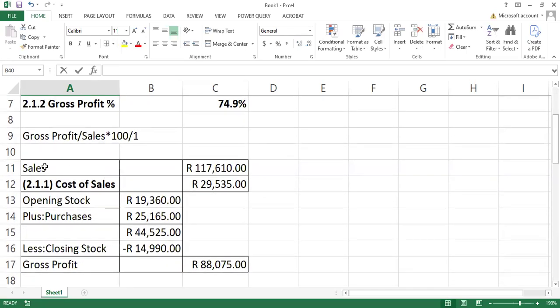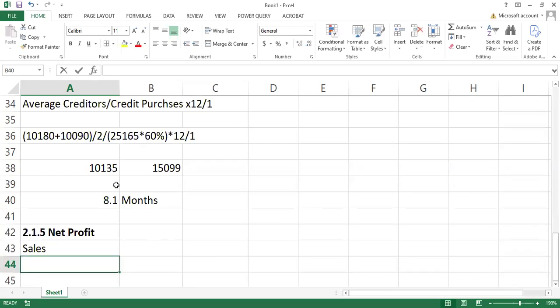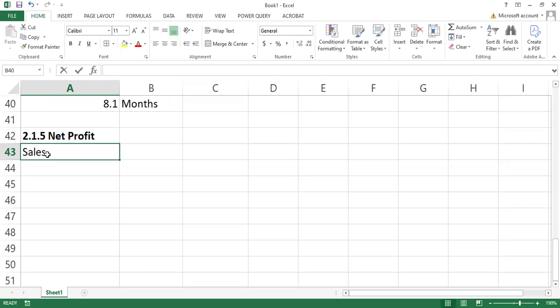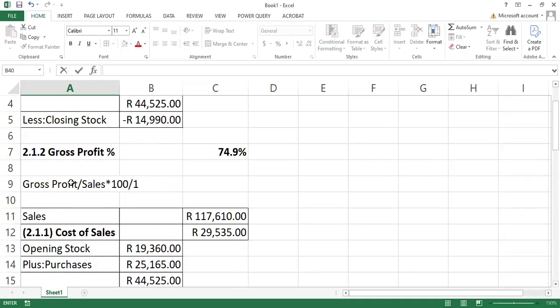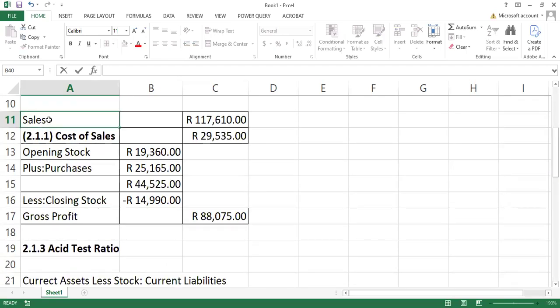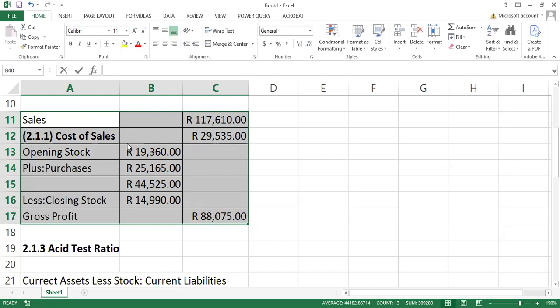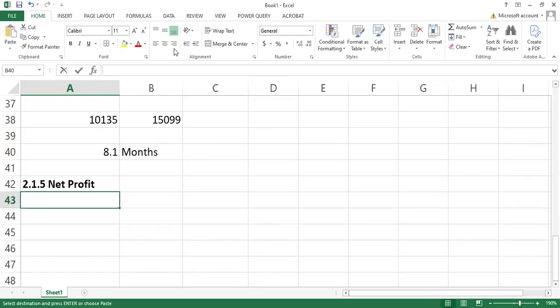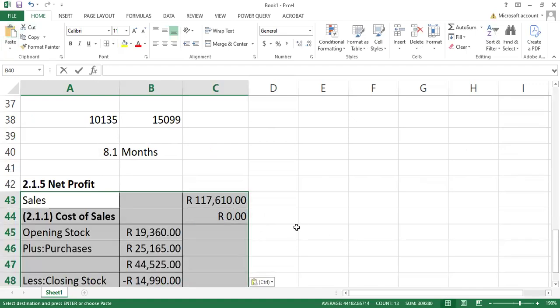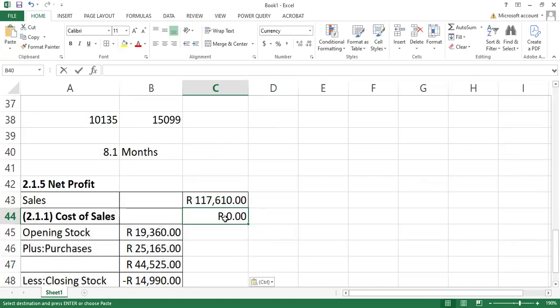Let me just copy this part exactly as it is because we once did it, so there's no need for me to do it again, and it will save us time. Even yourself, to save time, you can do that.